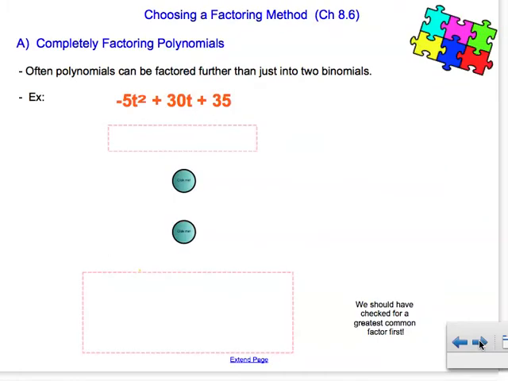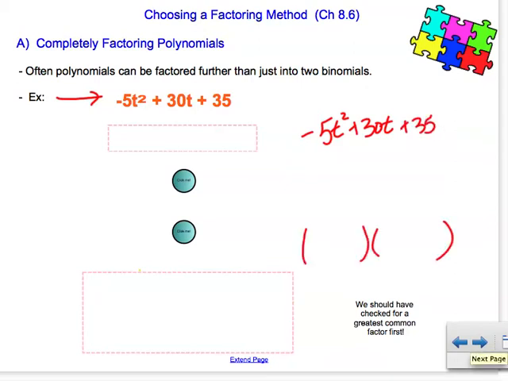First of all, let's say we're given an example like this one here: negative t squared plus 30t plus 35. Normally, if we're looking at that, we want to start factoring immediately into our binomial groups, so we're listing factors: negative 5 and 1, negative 1 and 5.